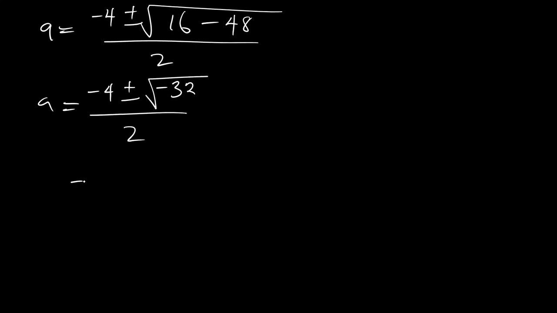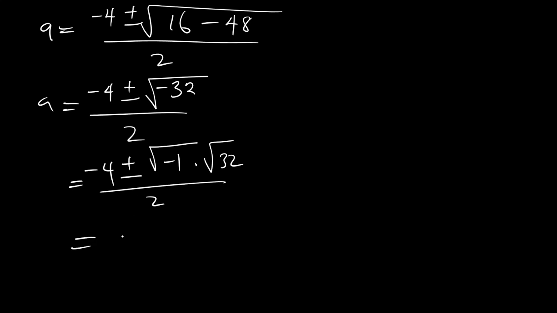So this minus 4, you have minus 4 plus or minus the square root of minus 1 times the square root of 32, divided by 2. And the square root of minus 1 is i, so you have minus 4 plus or minus i square root of 32 divided by 2.